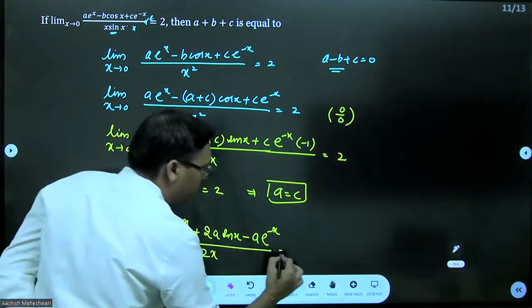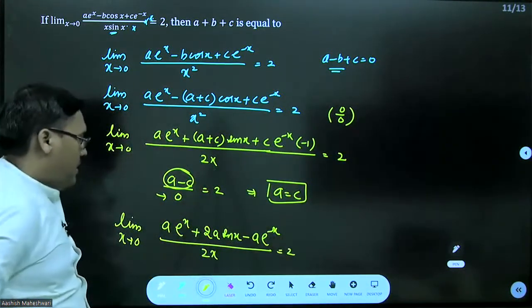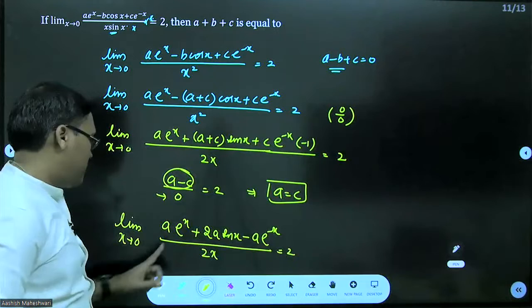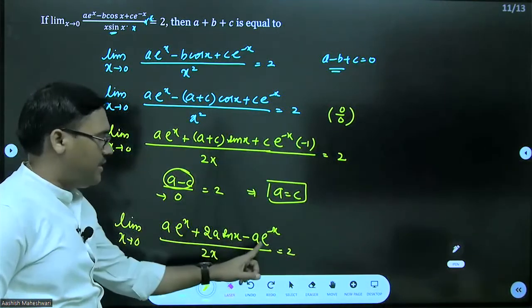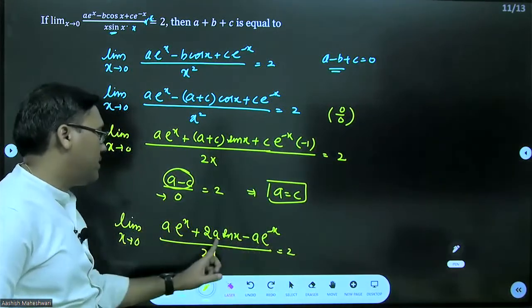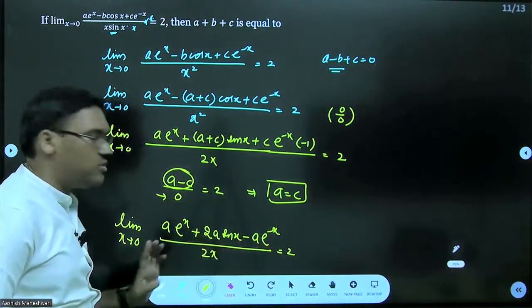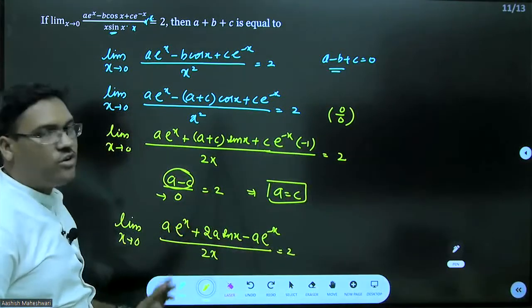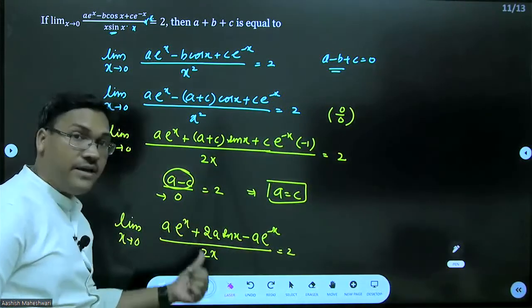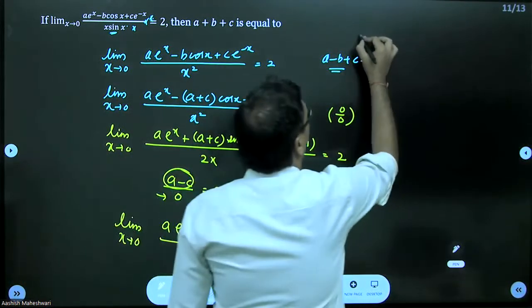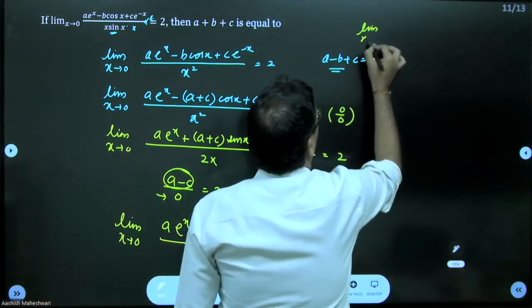This is equal to. Now you see as x approaches 0, this a and this a cancel, giving 0, and then again 0 by 0 form. If this is 0 by 0 form, you can apply L'Hopital again, so it becomes limit x approaches 0.